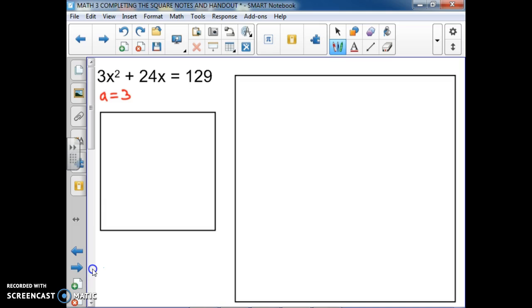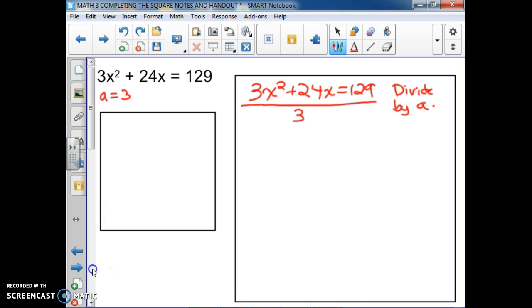Now because we have a leading coefficient, the first step has changed. We're actually going to divide by the leading coefficient first. So I'm going to rewrite my problem, 3x squared plus 24x equals 129, and we're going to divide by A. So divide everything by 3. 3 goes into 3x squared, x squared times. 3 goes into 24x, 8x times.